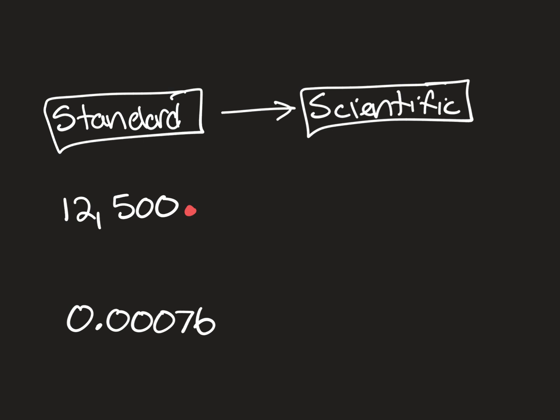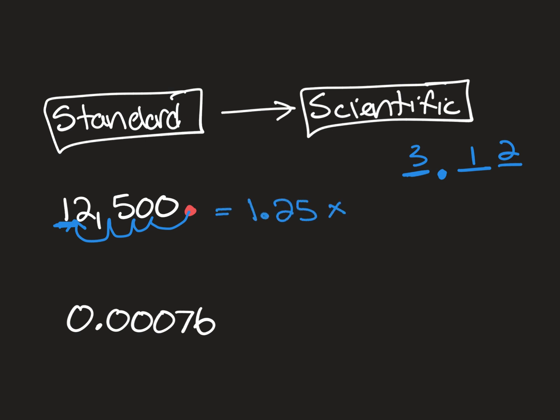So the whole point of writing a number in scientific notation is so that there is only one digit in front of the decimal. We want to move the decimal until there's only one digit. So here I need to move it 1, 2, 3, 4 times so that there's one digit in front.